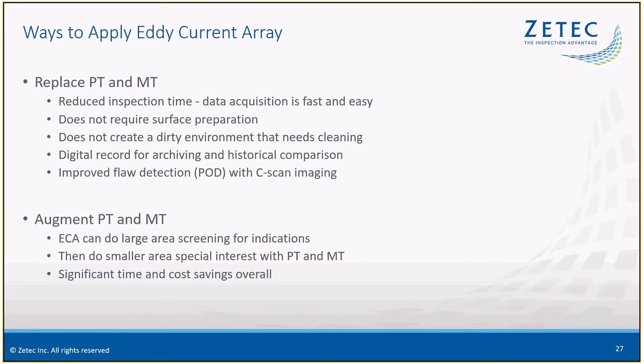And then when you find something of interest, you can focus and do a very small area with the PT and the MT. That would have a significant cost savings because you're not having to do the surface preparation over an entire area, the chemicals you have to deal with, the cleanup, and reapplying paint or non-conductive coatings afterward. So you can do this as a way to supplement, essentially.